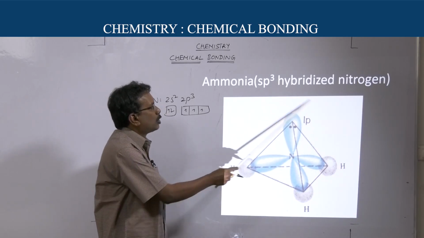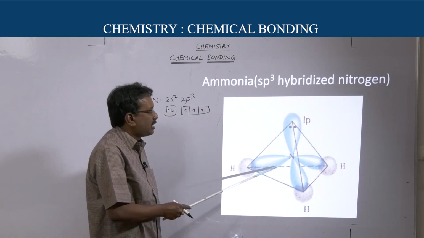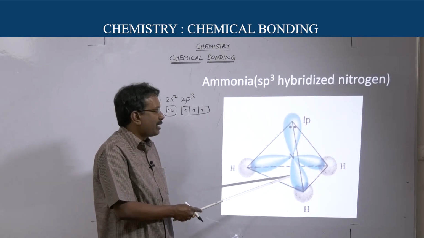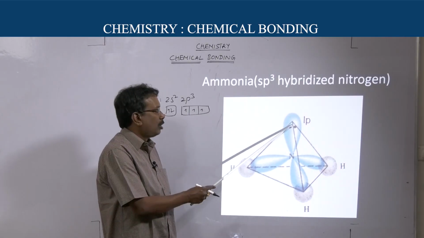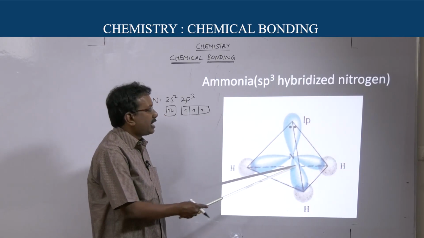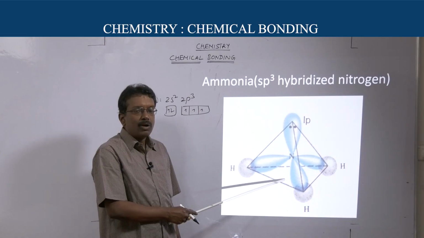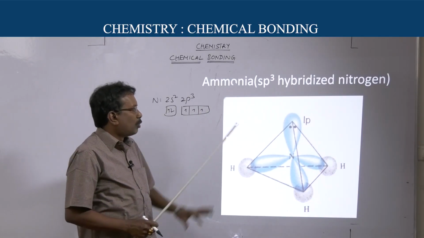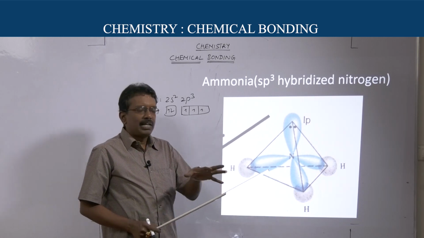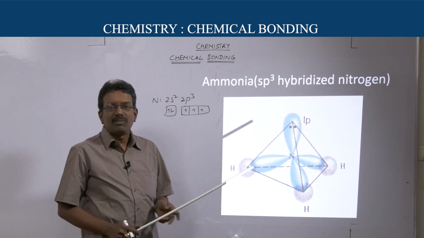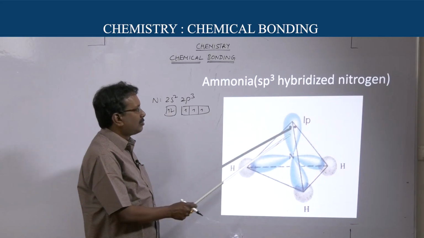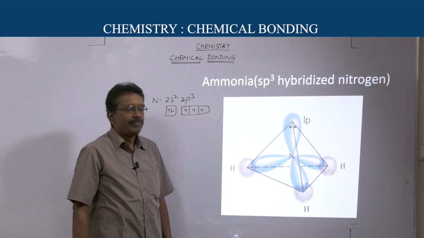If it occupies more space, then these 3 come closer for minimizing the repulsions, because bond pair repulsions are less when compared to lone pair repulsions. When these three come closer, definitely the bond angle decreases. That's why according to 4 electron pairs, normally we are expecting 109-degree bond angles, but in the case of ammonia, the bond angle is reduced to 107 degrees due to the presence of lone pair repulsions.